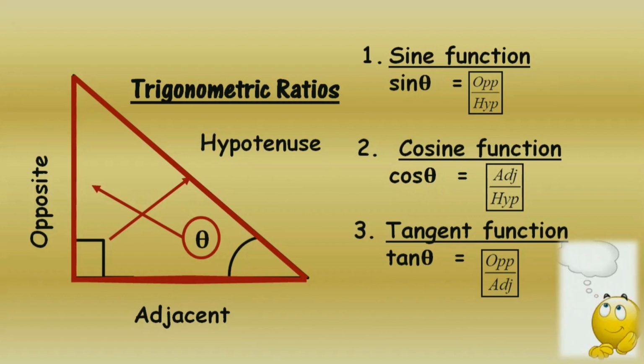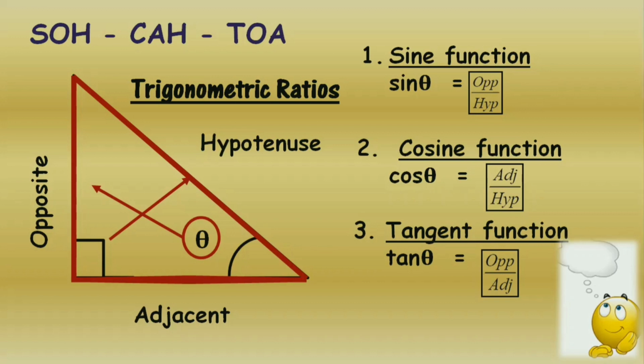It's very simple. Observe the first letters in each of the cases. Look at the first formula. Sin theta equal to opposite by hypotenuse. So let's write soh. Now look at the second formula. Cos theta is equal to adjacent by hypotenuse. It's cah.